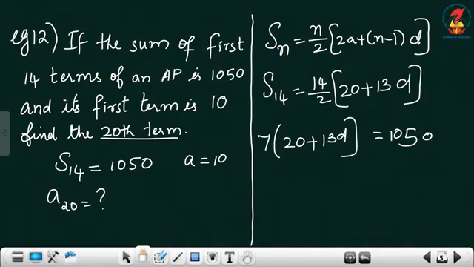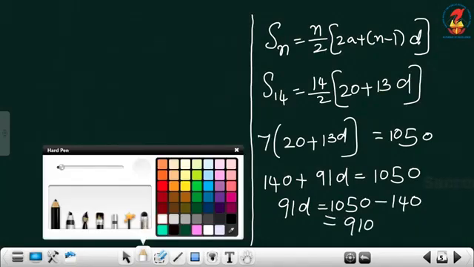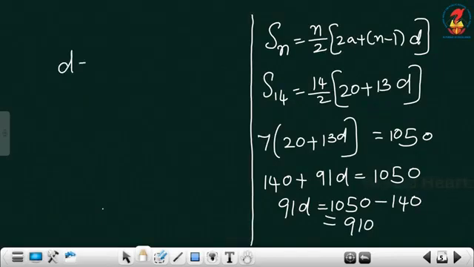That is equal to 140 plus 91d is equal to 1050. So 91d is equal to 1050 minus 140, which is equal to 910. So d is equal to 910 divided by 91, which is equal to 10.